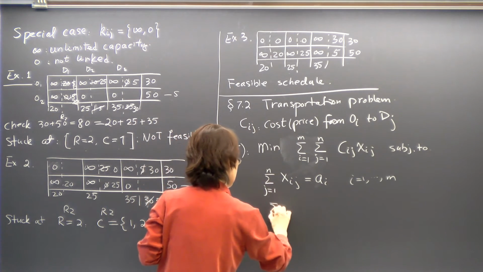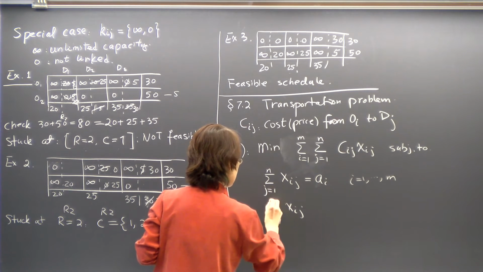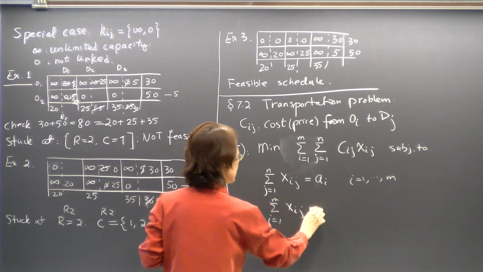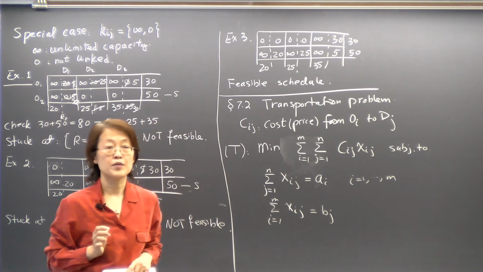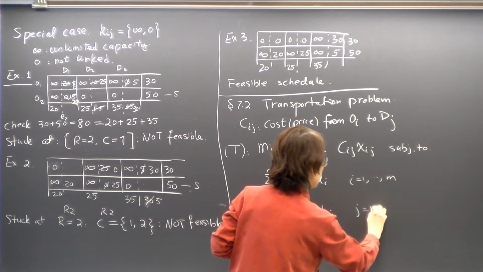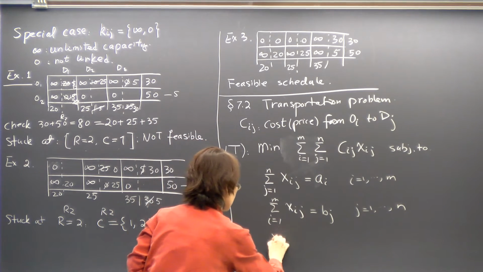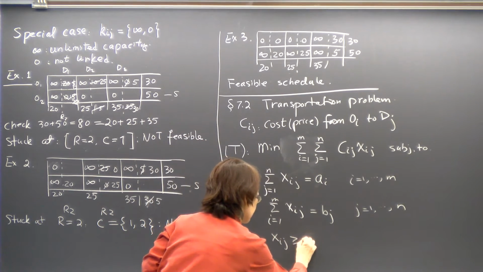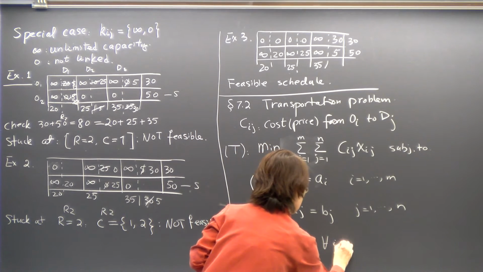And if I sum up through i, for each j, that means for warehouse j, the demand is exactly met. And that goes through all the warehouses. And then, of course, these are non-negative for all ij in discussion.